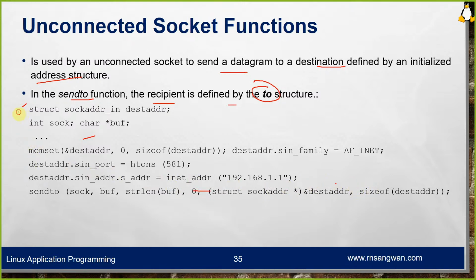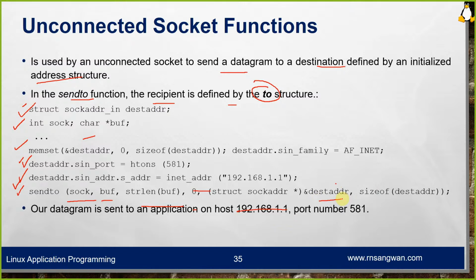So we have the structure, integer socket, message, memset, and then the data address, port, and source address, and then the sendto function called here: socket, buffer, length, 0, struct sockaddr pointer, destination address, and then size of.